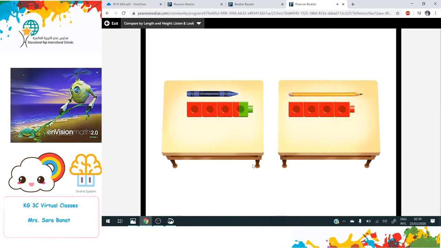The cube train sticks out farther than the crayon, so the cube train is longer than the crayon. The pencil sticks out farther than the cube train, so the cube train is shorter than the pencil. These students understand that objects can be compared by length to see which is longer and which is shorter. This lays the foundation for further work with measurement, including the direct comparison of other measurable attributes, such as capacity and weight.